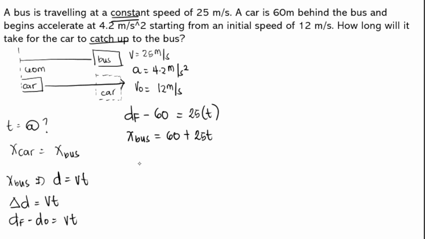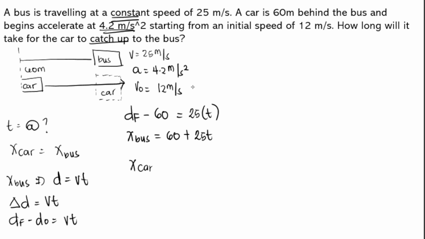So, second naman, i-analyze natin ano ba yung posibleng posisyon ni car, at the same time with the boss. Okay? So, alam natin na may acceleration yung ating car, which is 4.2 meters per second squared.